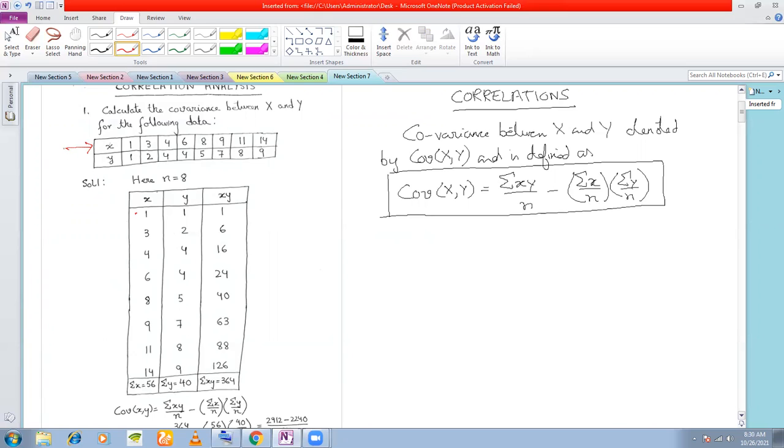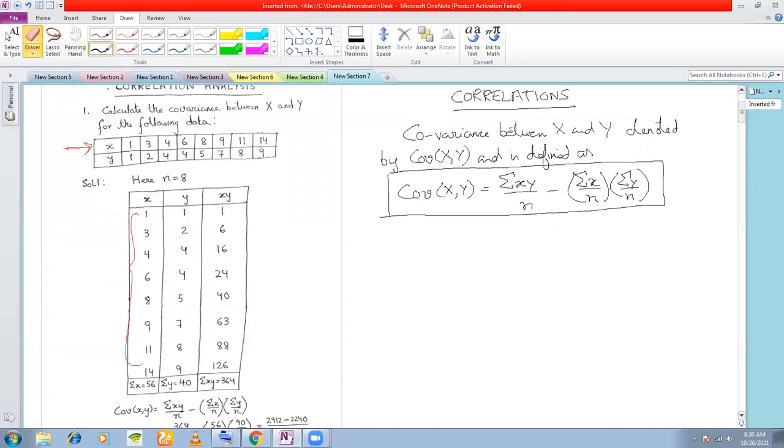So if we are starting with x, we arrange x in ascending order. If they are not given in ascending order, you will arrange them in ascending order, and then you will write the corresponding values of y according to the values that you have written.